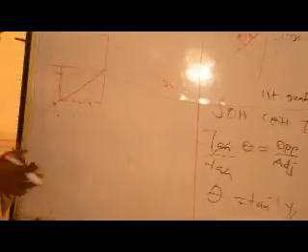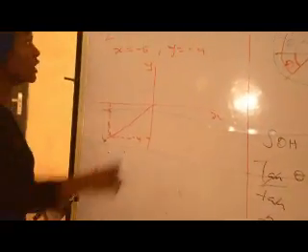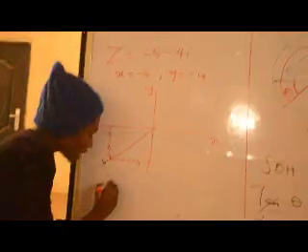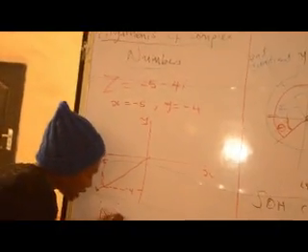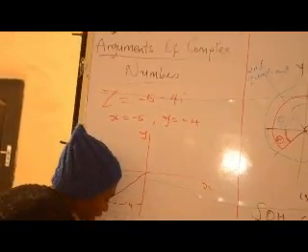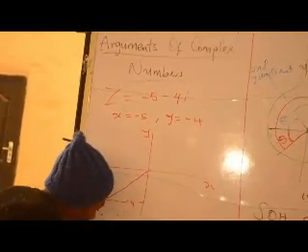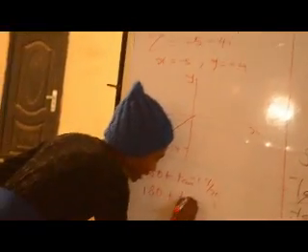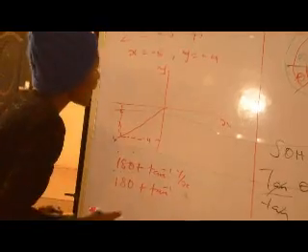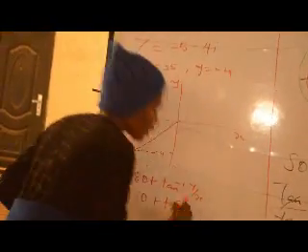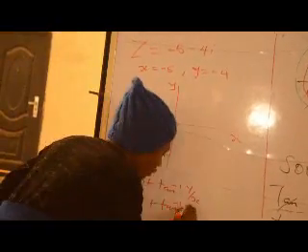I told you that we'll be using absolute values, meaning there will be no negative sign. So when we get there now, our argument is 180 degrees plus the tan inverse of y over x. Our y here is minus 4, but the absolute value is 4.